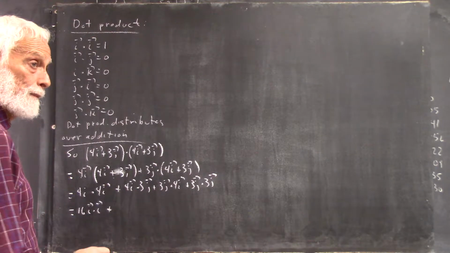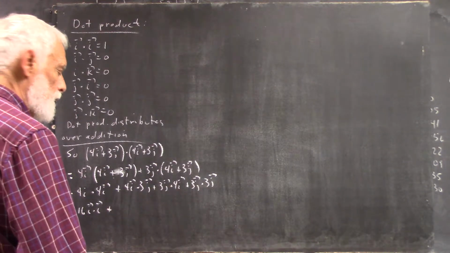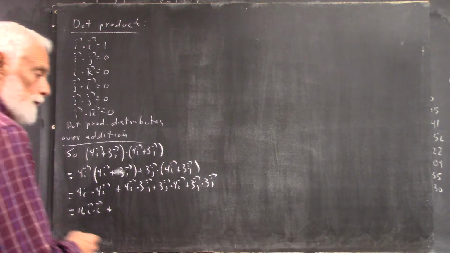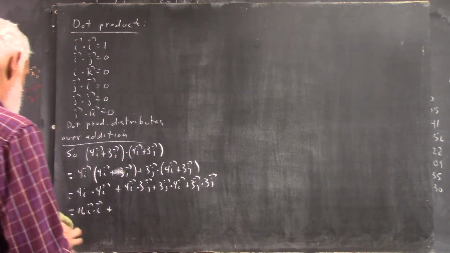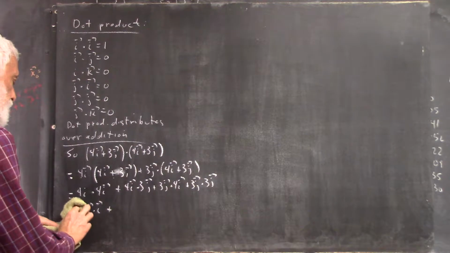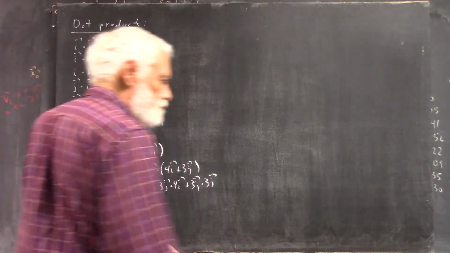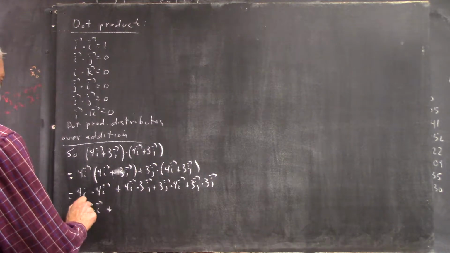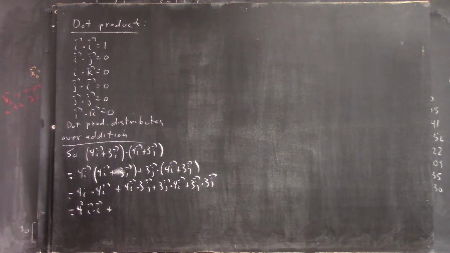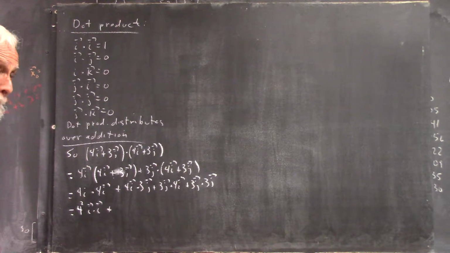Okay? And actually, I don't want to write the 16. I want to write that as 4 squared, just so we can keep really explicit track of our Pythagorean theorem, because that's what this is going to give us. Okay?